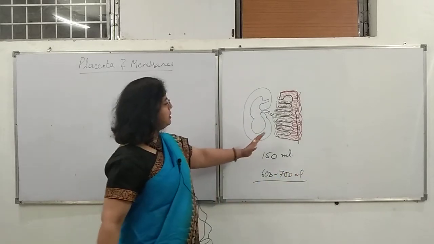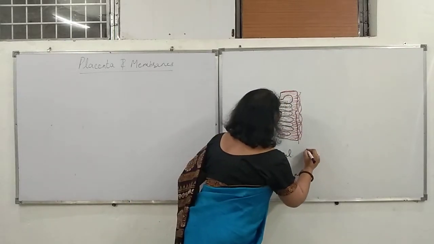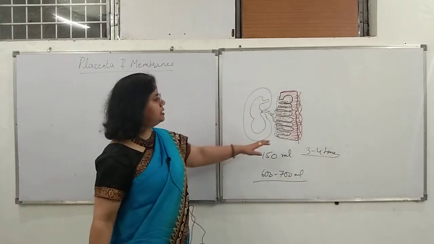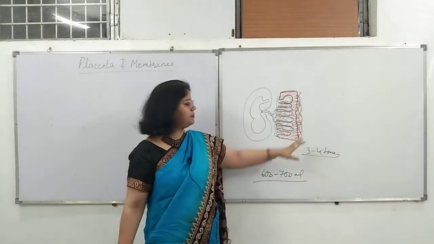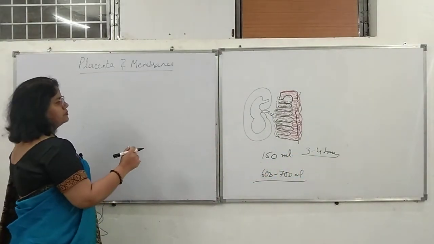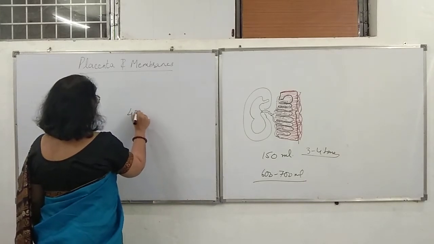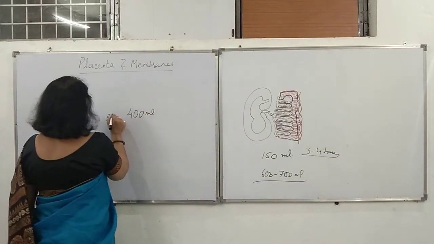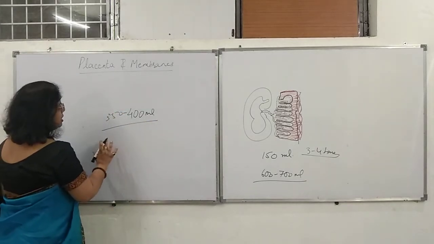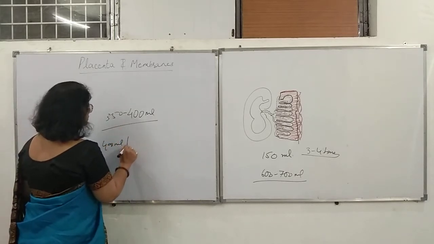So this intravillous maternal blood is replaced around 3 to 4 times in a minute. The placental villous blood capacity is around 350 to 400 ml, and the umbilical arterial supply is also around 400 ml per minute.